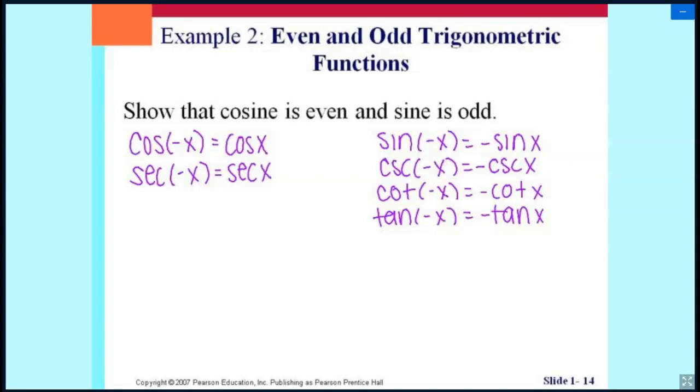We could show that the functions are even and odd by plugging in negative x and picking unit circle values and seeing that we either get a positive x if it is even or a negative trigonometric function if it is odd.